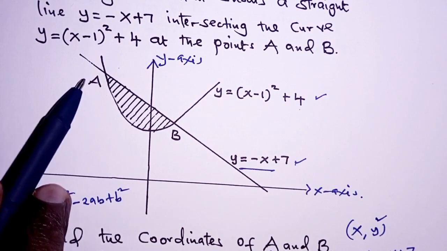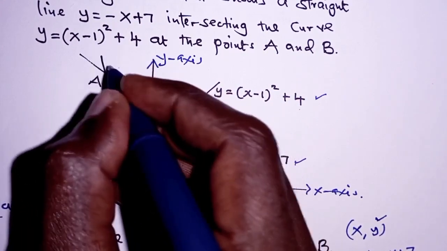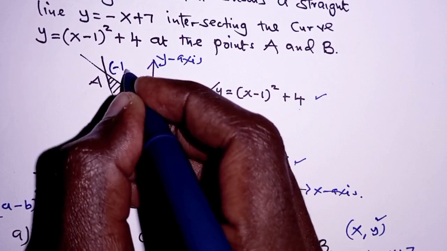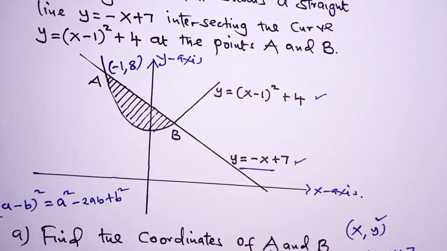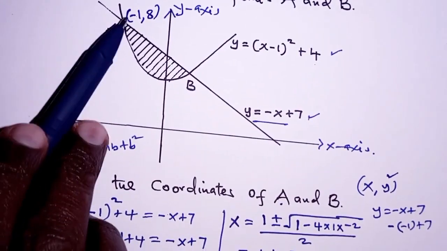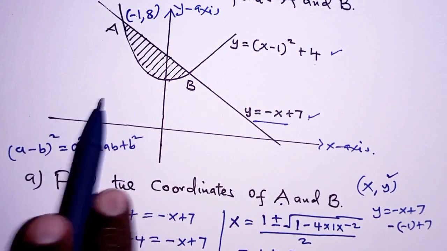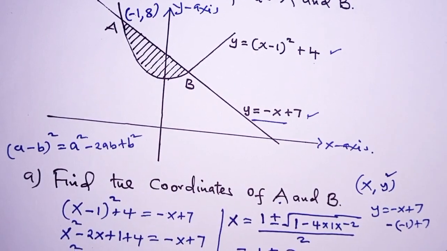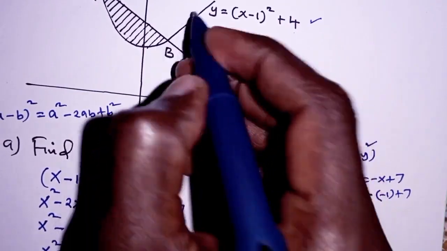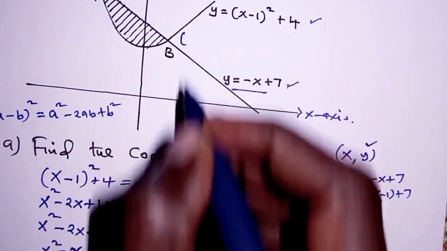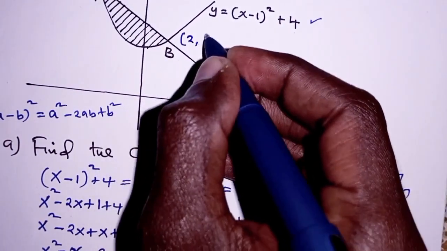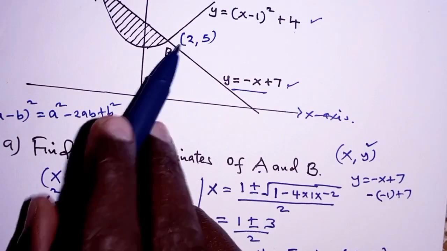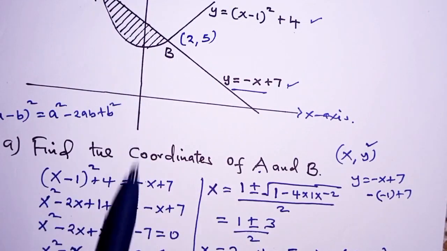Of course, A should be (-1, 8), because the x coordinate is negative, so it must be on this side of the y-axis. And then B should be (2, 5), because the x coordinate 2 is on this side of the y-axis.